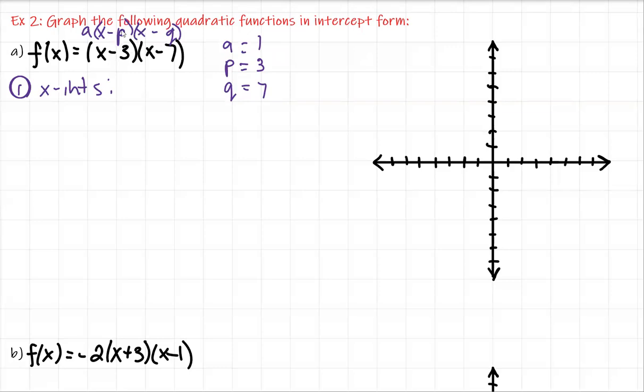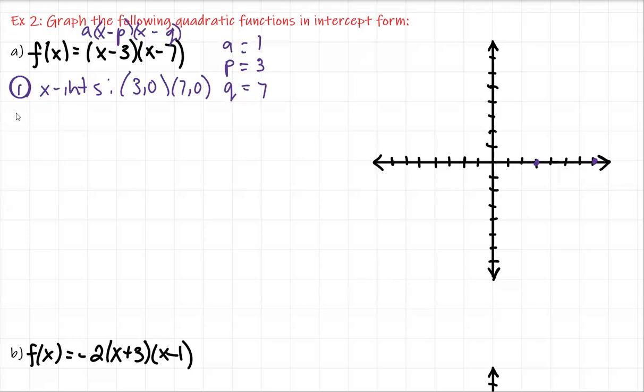So if the minuses are there, we're taking the opposite. So if this is a negative 3, then our P is positive 3 because of the way that the form is written. So then our x-intercepts are 3, 0, and 7, 0. So let's plot those. 3, 0, and 4, 5, 6, 7. Sorry, I had to count that out. 7, 0.